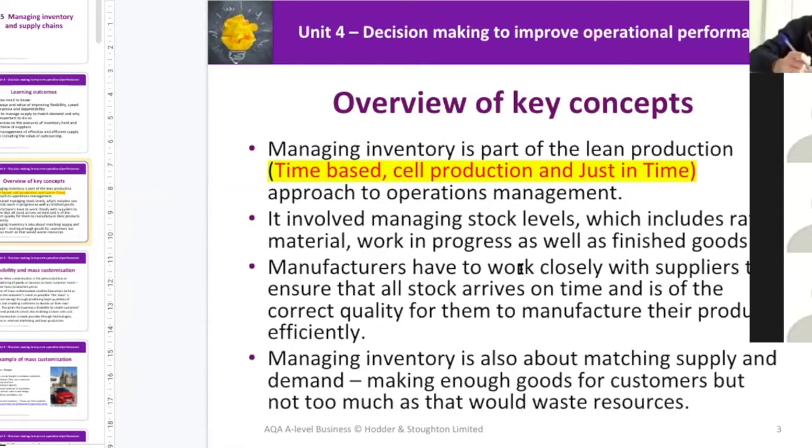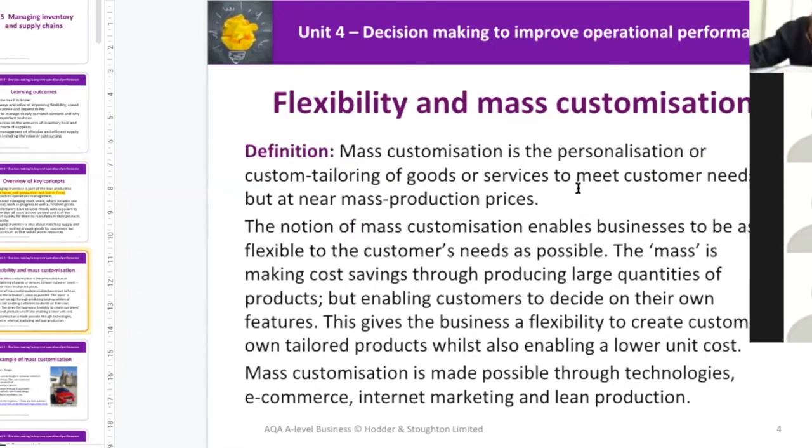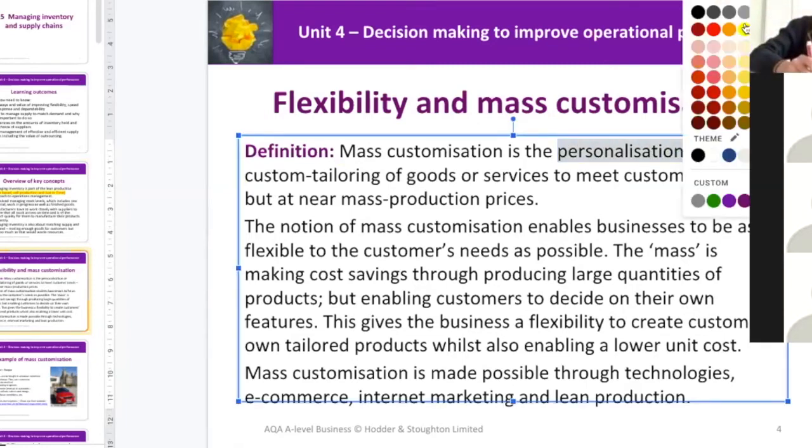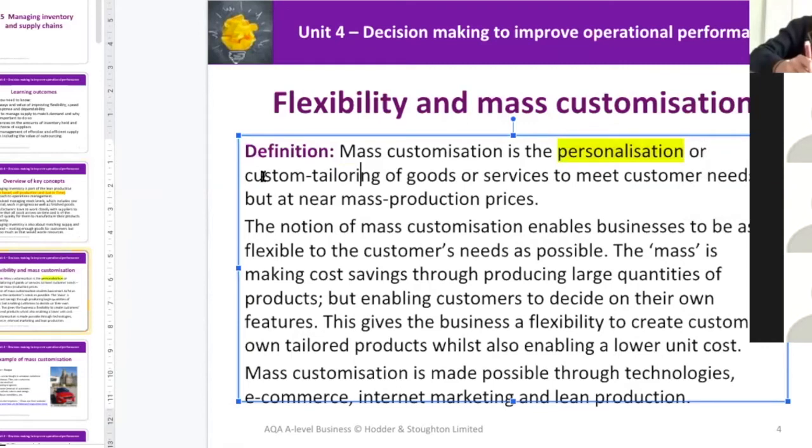Okay, so the rest of the points along the way, I'll quickly point out later on. I'm going to quickly move on to the first bit, which is flexibility and mass customization. I will highlight a few keywords: personalization, custom tailoring.